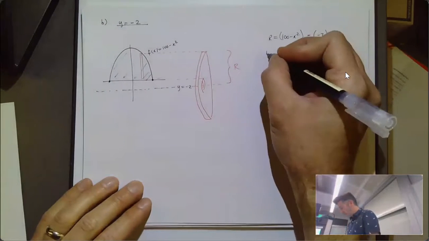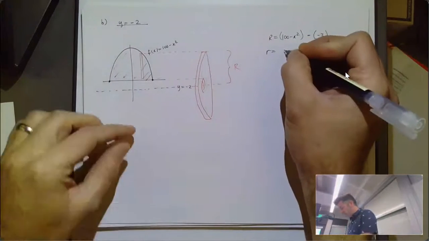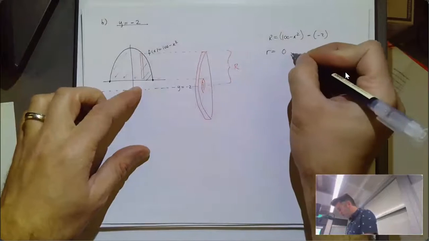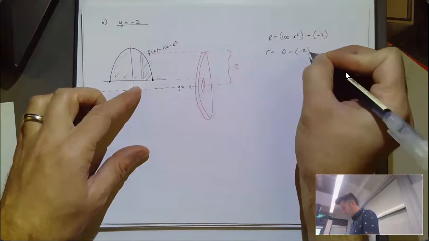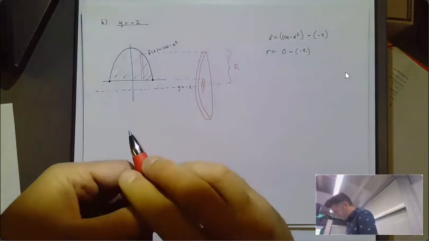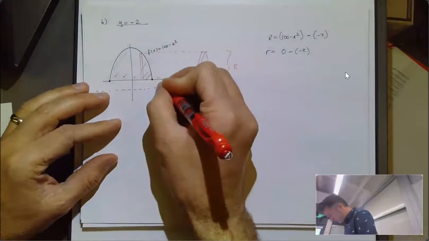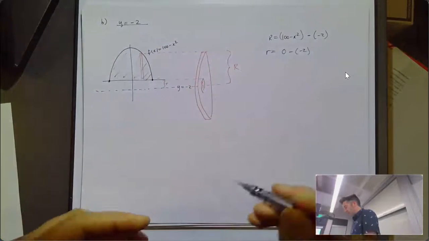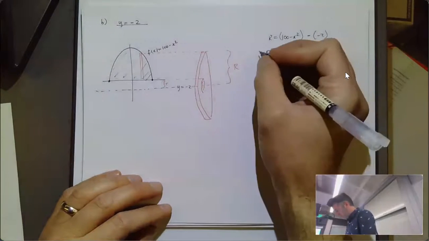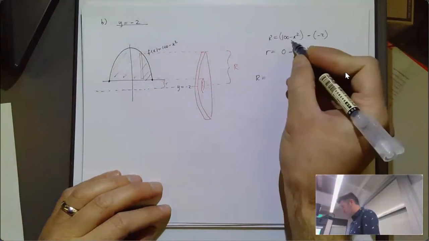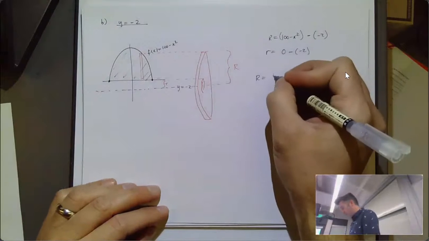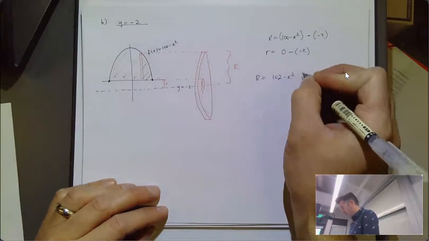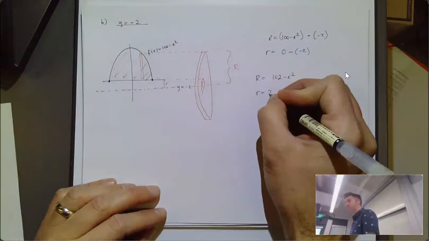My inner radius is going to be the inner function 0 minus negative 2. Here's my inner radius. So simplifying this, my outer radius is just 100 minus x squared plus 2, so it's 102 minus x squared. And my inner radius is just 2.